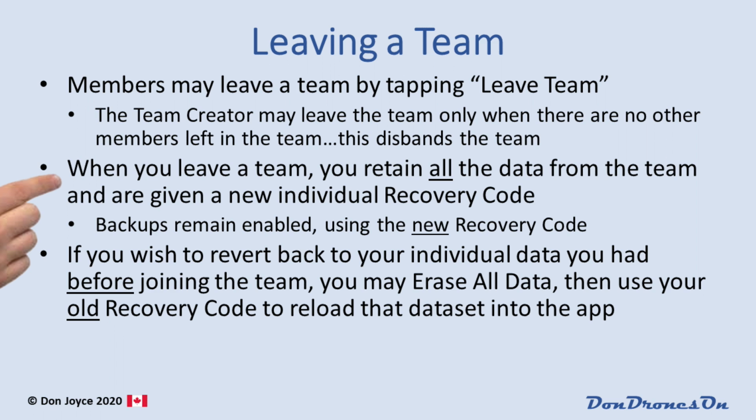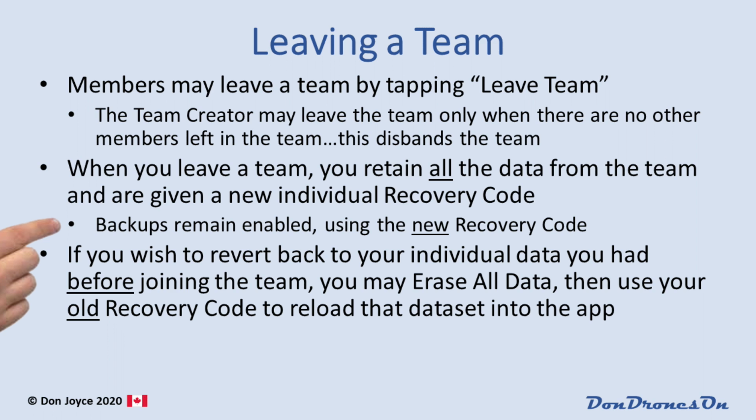Now, when you leave a team, you retain all the data from the team, and you're given a new individual recovery code. This is your backup code. And backups remain enabled, but using that new recovery code. Now, why do I say new recovery code? Well, that's because if you recall, when you joined the team, you noted down your old recovery code.